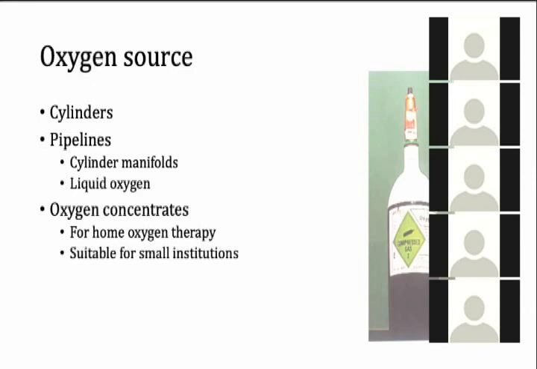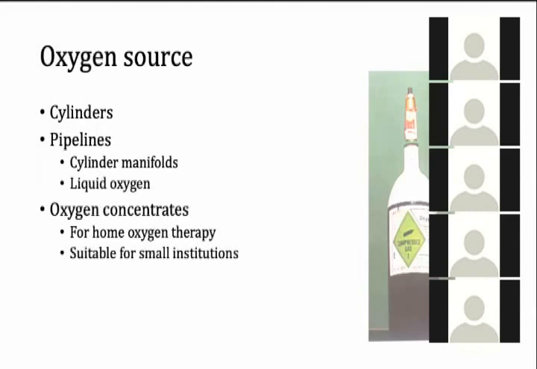Next time, if you happen to go to the theatre, you can see that there is a very big white color tank situated behind the theatre complex, behind the recovery area, and that is a big liquid oxygen tank where we get oxygen from. Not like those small cylinders, that is a very big one, and that delivers oxygen to the whole theatre through a set of pipelines.